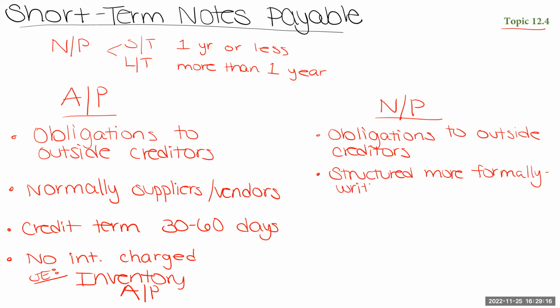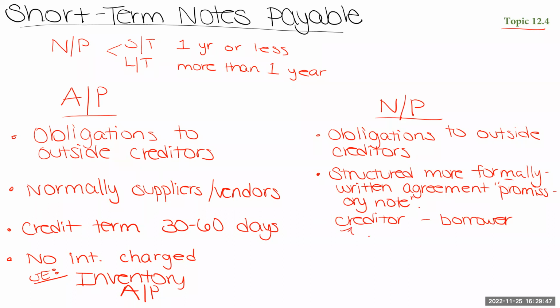That written agreement is called a promissory note. You've probably had to sign one if you've ever taken out a car loan, a student loan, any type of loan. It was a formal agreement between the creditor and the borrower.